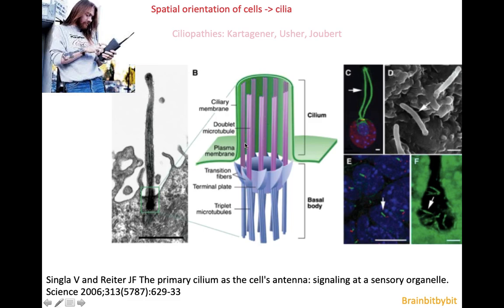In these antennas, in these cilia, there are small tubules that are in contact with the microtubules of the cell. And with this antenna, the cell knows where it is, and it senses where it is, and it gets cues from the extracellular environment.